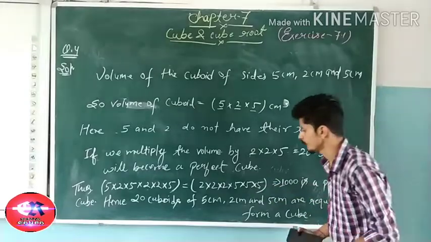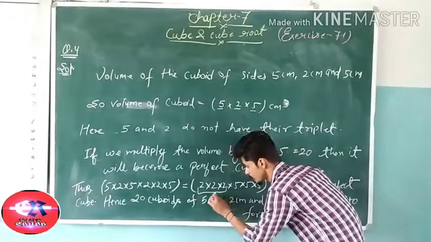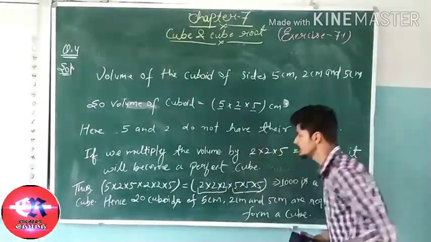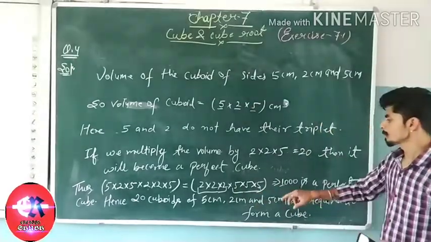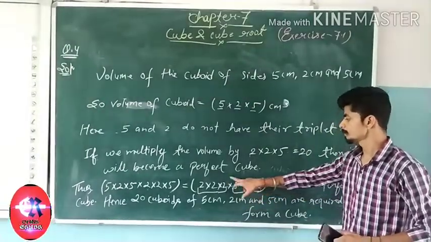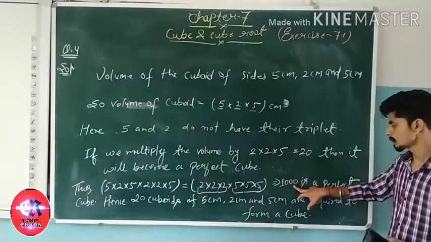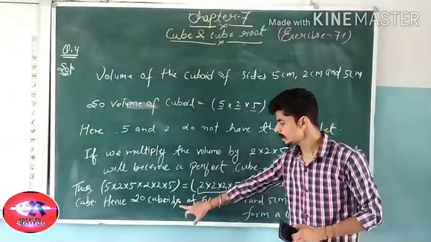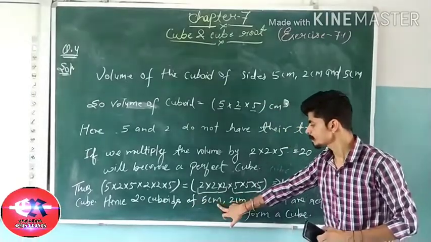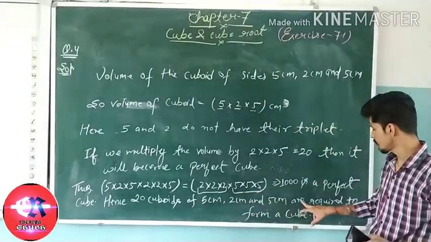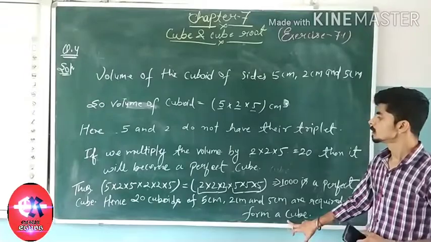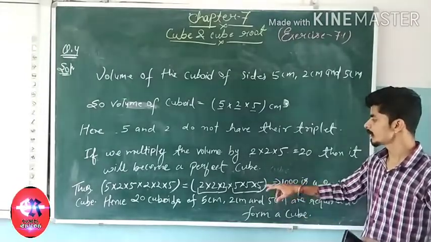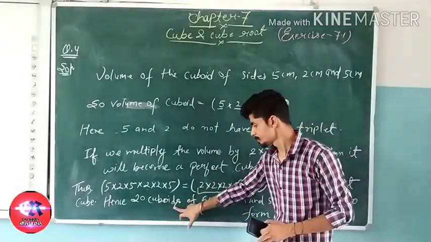It will make a perfect triplet and we will get a perfect cube after multiplying these numbers. Now the product of all these numbers is equal to 1000, which is a perfect cube. Hence 20 cuboids of sides 5 cm, 2 cm and 5 cm are required to form a cube. So the number of cuboids is 20.